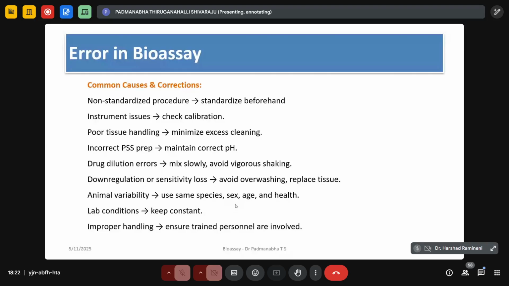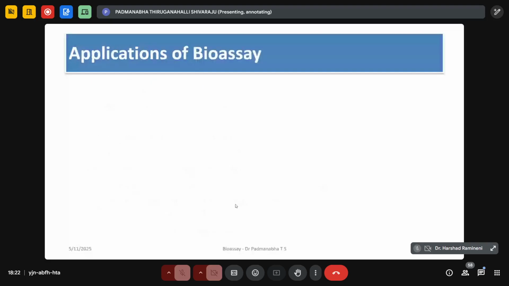So these are the common errors which we encounter during bioassay, and they can be handled with gentle care, and if we know what has to be done before the procedure and during the procedure, we will be able to minimize these errors in the bioassay.